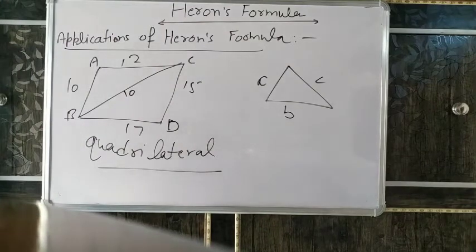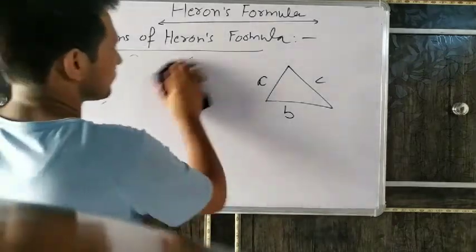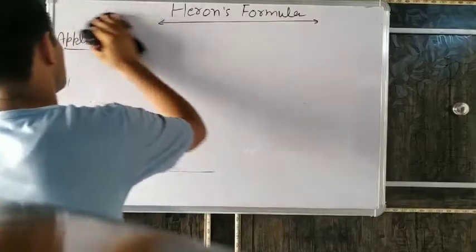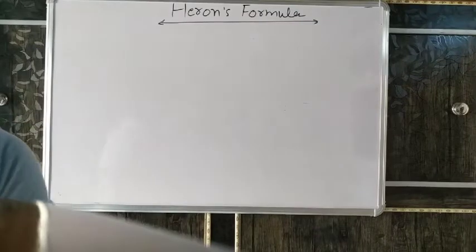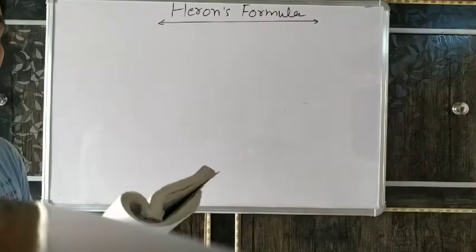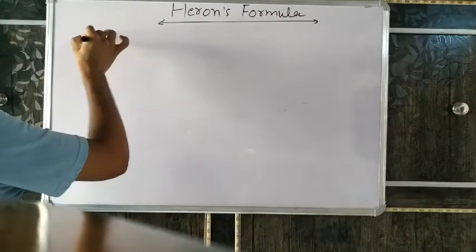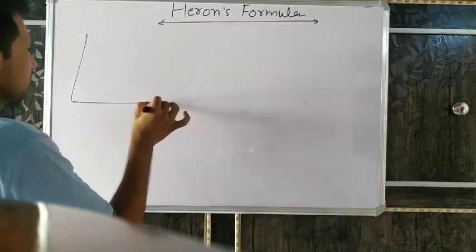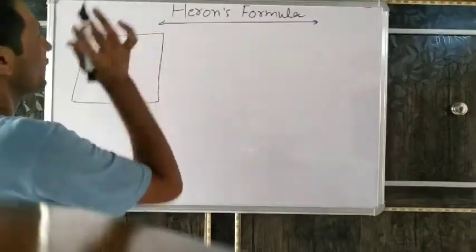So now we will discuss the applications of Heron's formula. Everyone open the second exercise of the 12th chapter, first question. Read it. What is given? A park in the shape of a quadrilateral ABCD.